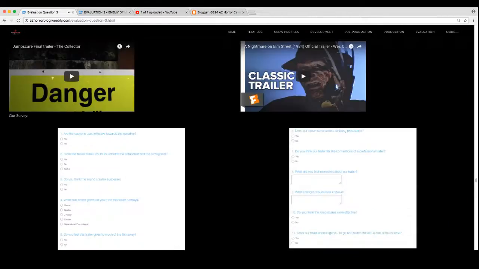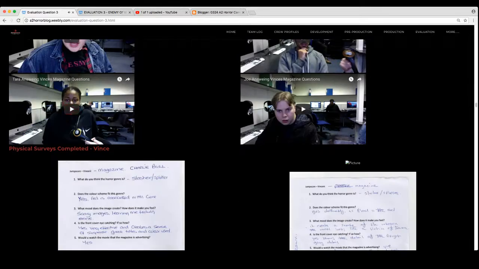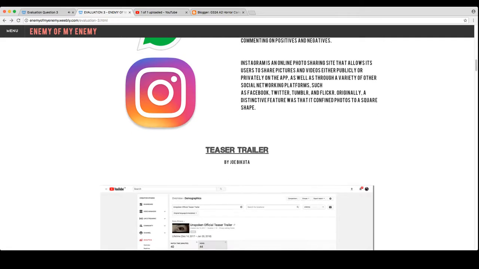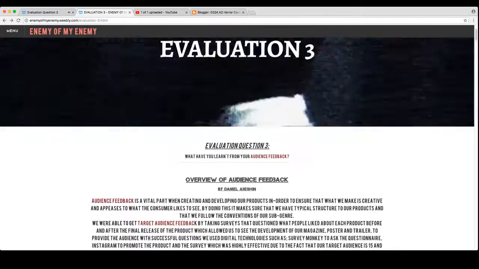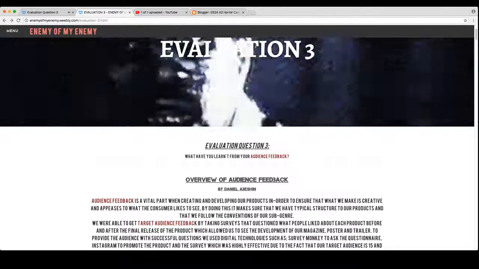And they do one for a trailer, and they do one for a poster, and they do one for a magazine as well. There's the magazine ones and there's the poster ones. Just give them to them on a phone and ask them for their reactions and film them on another phone. So that would help you then bring it up to the A grade, which you guys would need now to maintain your level 4 average result. Thanks very much. Good piece of work.